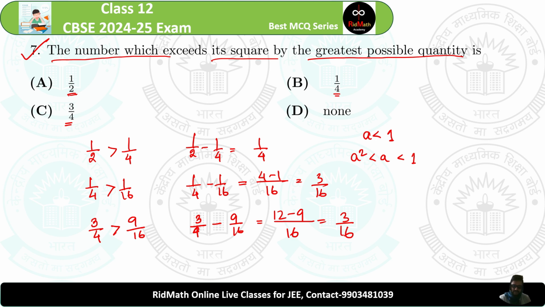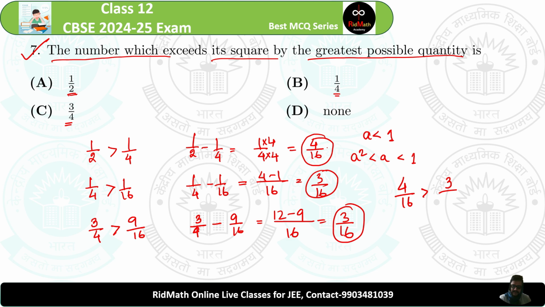Okay. So multiplying 4 in the numerator and denominator of the first quantity, this is 4 by 16. So see, this term is greater than 3 by 16 and 3 by 16. That means 4 by 16 is greater than 3 by 16.